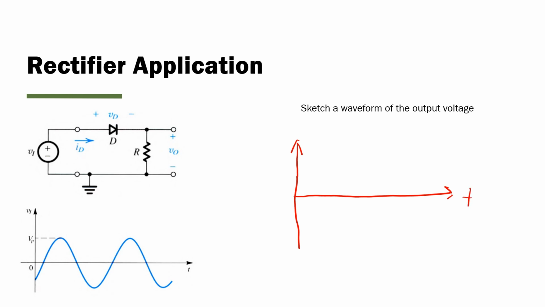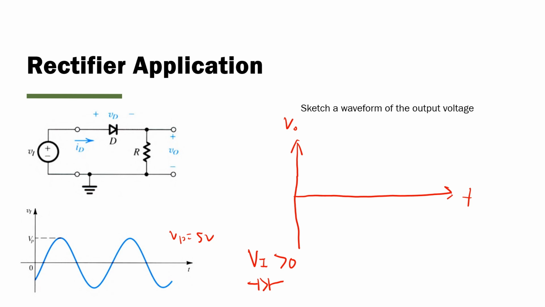So, in order to understand that, let's try to figure out our two cases. What does Vout look like when Vi is greater than 0? For example, we'll just say that V peak is equal to 5 volts.